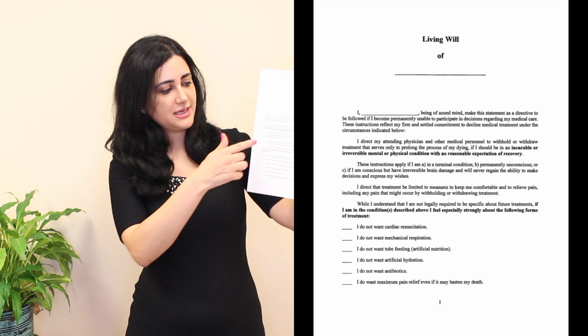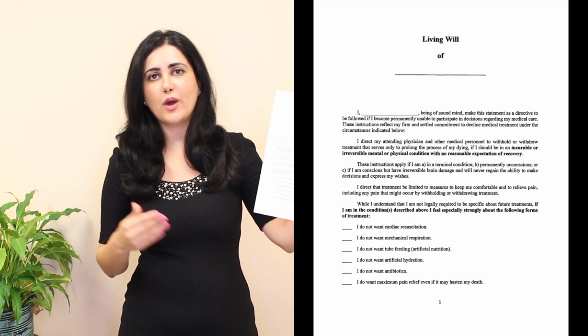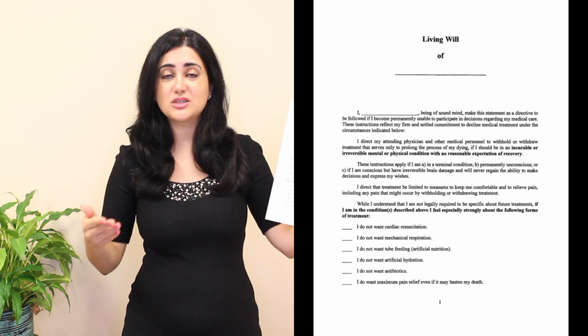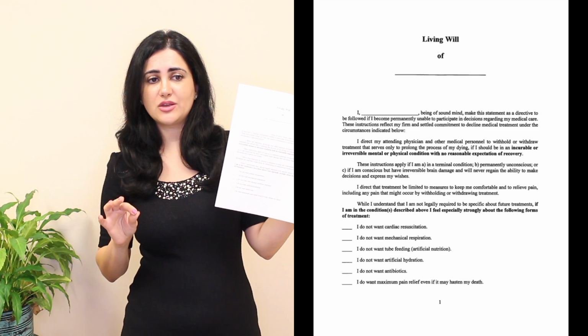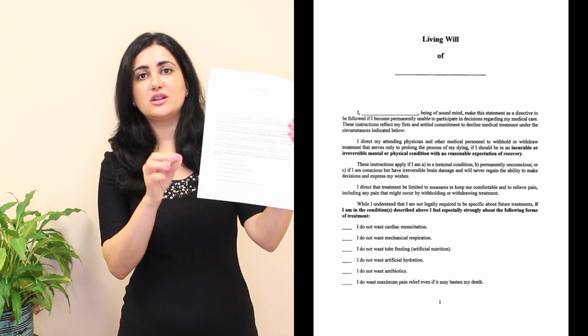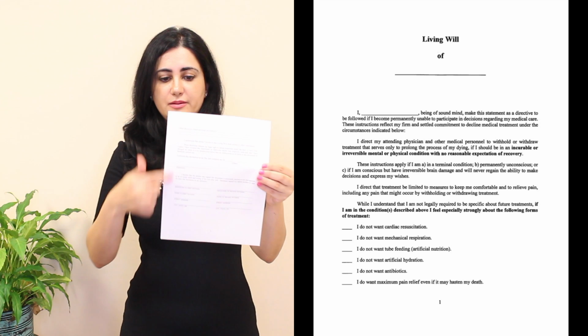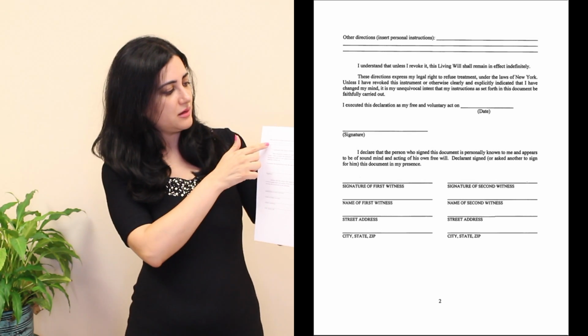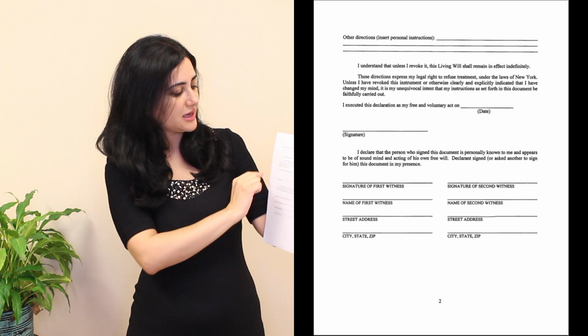So all of these are basically speaking to whether you want resuscitation or intubation, right? DNR or DNI. And the choices that you make, you have to initial, not check. Then on the last page of this document, if there are any other personal directions that you have, you would insert them there.